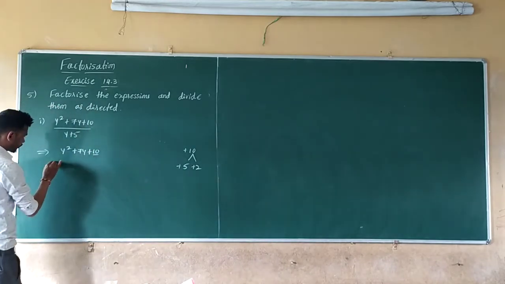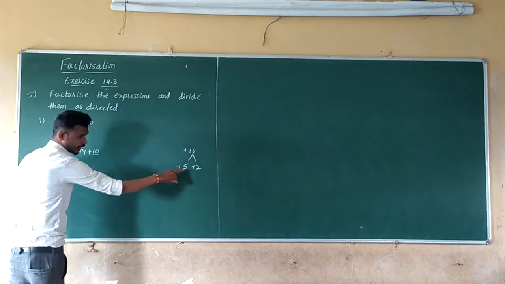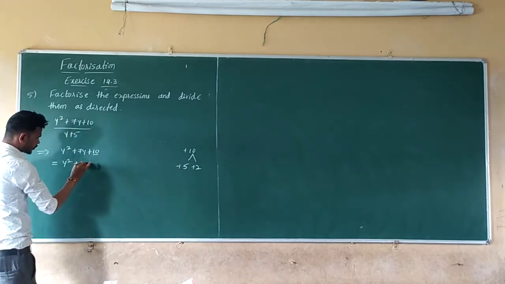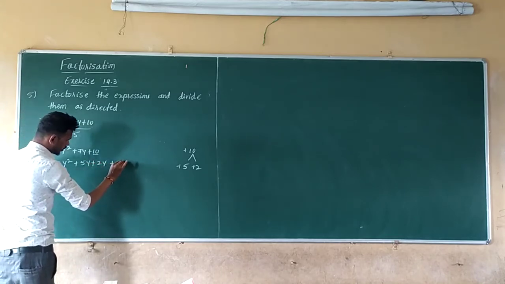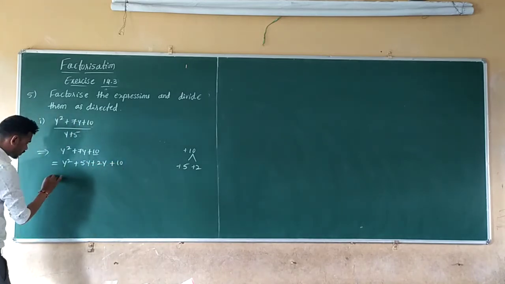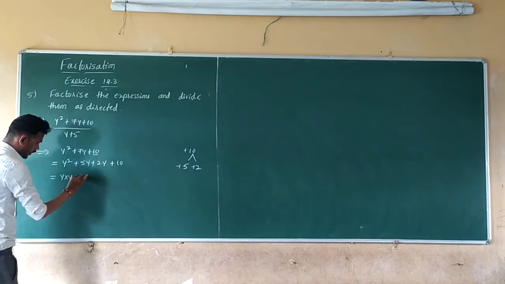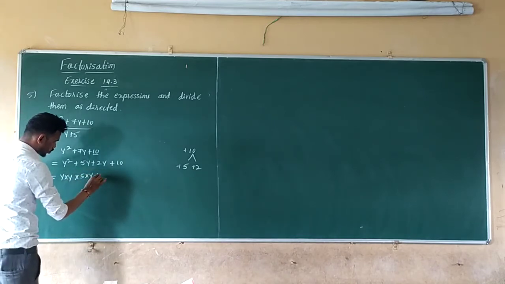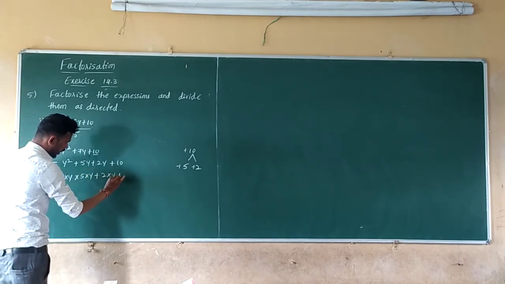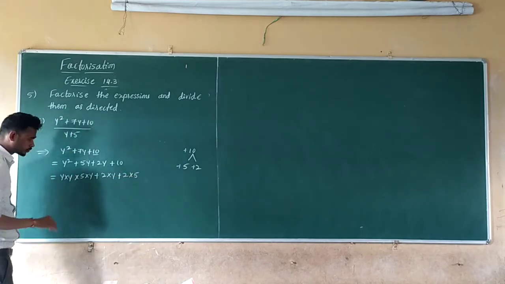Y square, just write like that only. 7y you can write as plus 5y plus 2y plus 10. Here y square we can write as y into y, 5y as 5 into y, 2y as 2 into y, and 10 as 2 into 5.